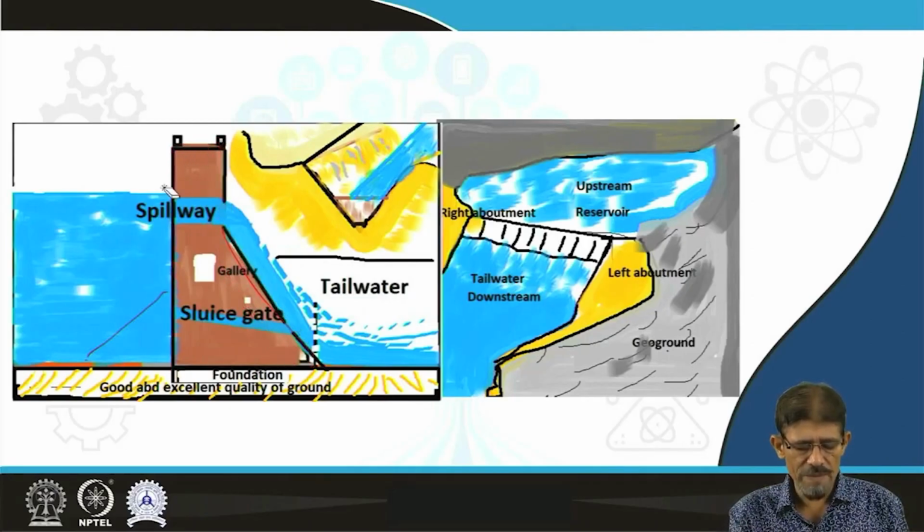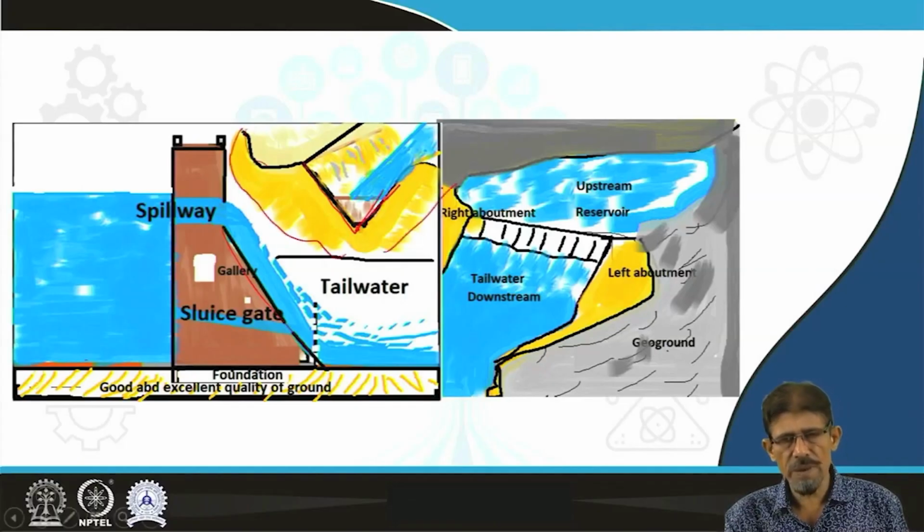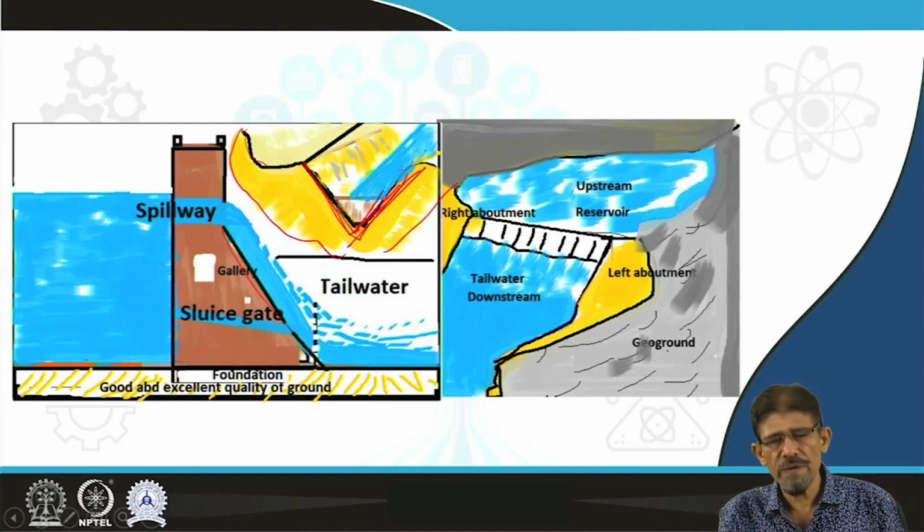This type of dam is generally preferred to be developed in a narrow valley. Here I have prepared this cartoon for representing the valley. A narrow V-shaped valley is preferred for such type of construction.